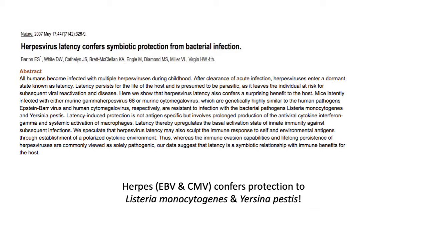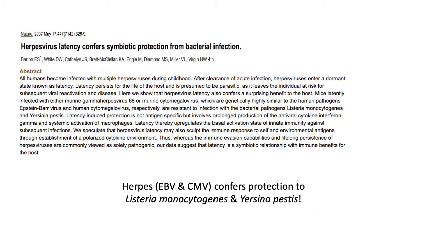Mice latently infected with either murine gamma herpes virus 68 or murine cytomegalovirus, which are genetically highly similar to the human pathogens Epstein-Barr virus and human cytomegalovirus, respectively, are resistant to infection with the bacterial pathogens Listeria monocytogenes and Yersinia pestis.